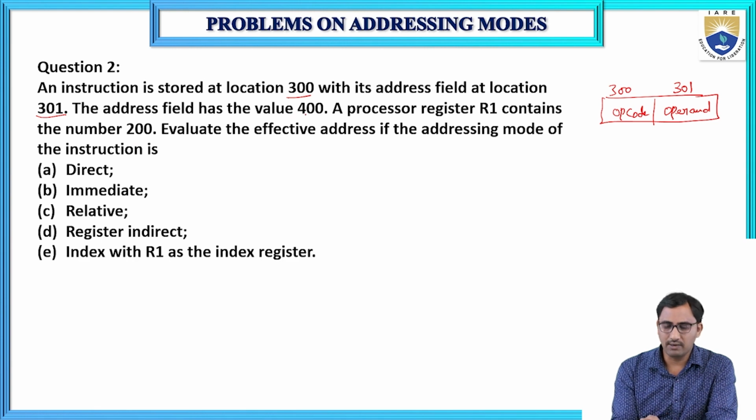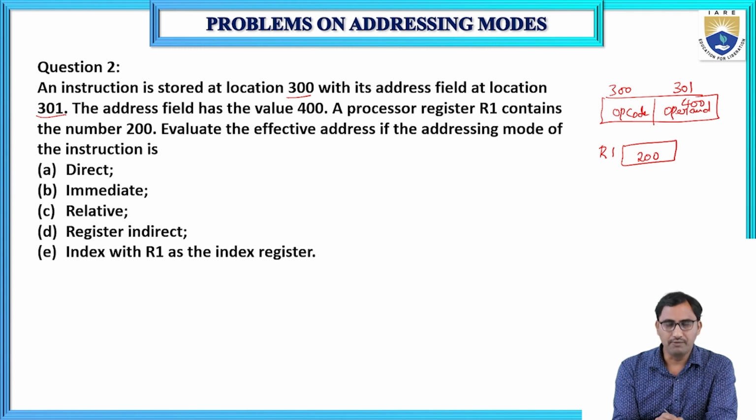The address field has the value 400. A processor register R1 contains the number 200. Evaluate the effective address if the addressing mode of the instruction is.